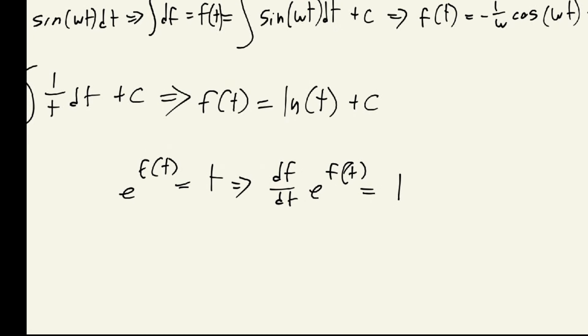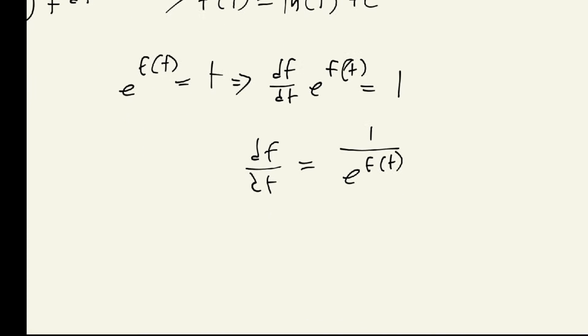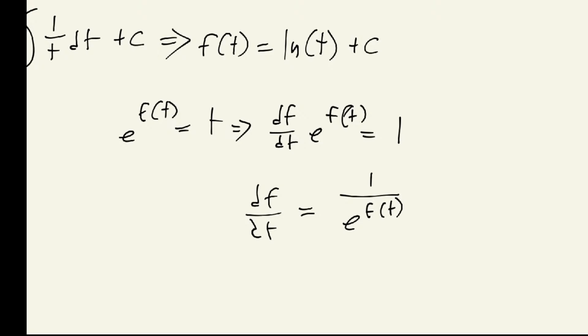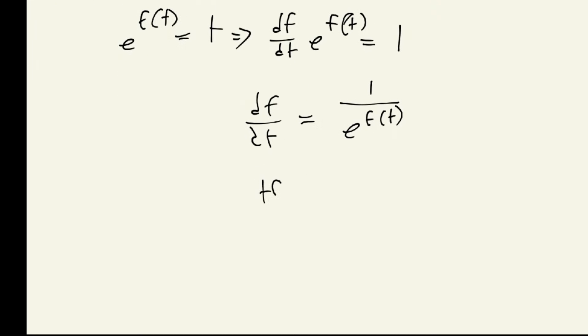And this is the same thing as saying df over dt equals 1 over e to the f of t. And if f of t in the beginning was ln of t plus c, but for now let's just assume that c is constant. So if f in the beginning was ln of t, then we have df.